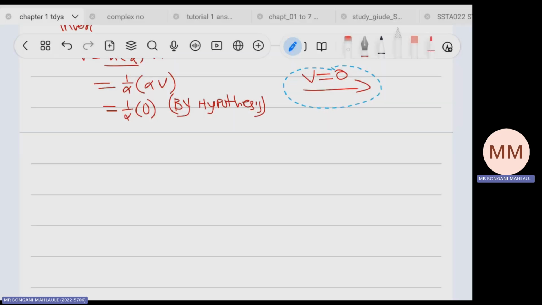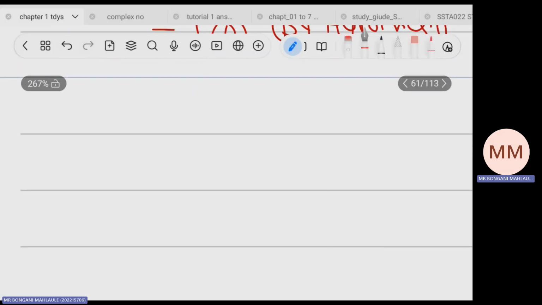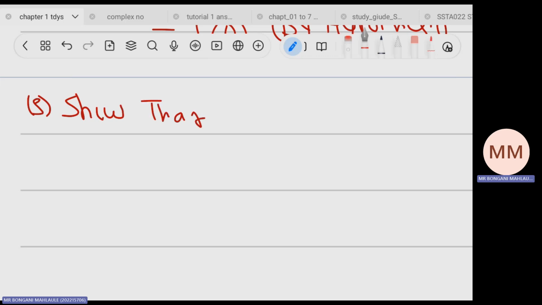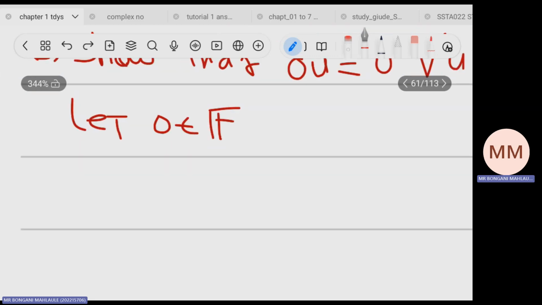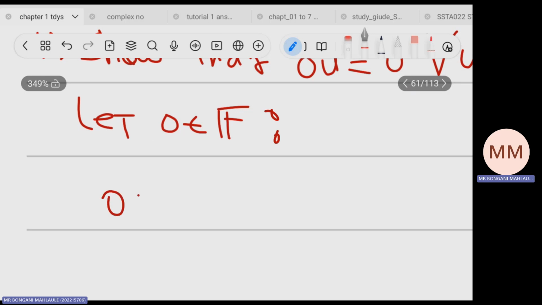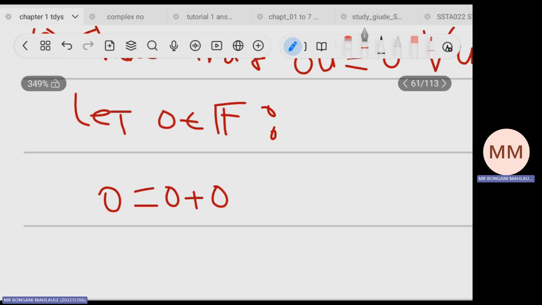Okay, let me see if we can also do this one. Show that 0u is equal to 0 for all u an element of V. So you will say let 0 be an element of the field, since 0 is acting as a scalar, such that 0 is equal to 0 plus 0.